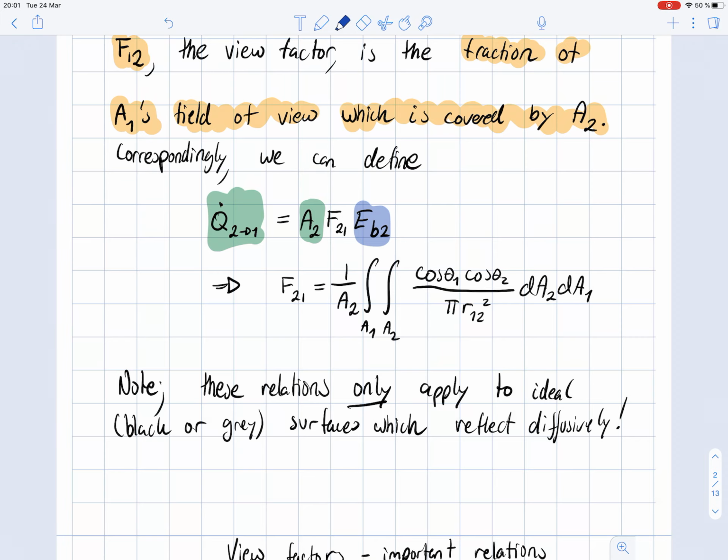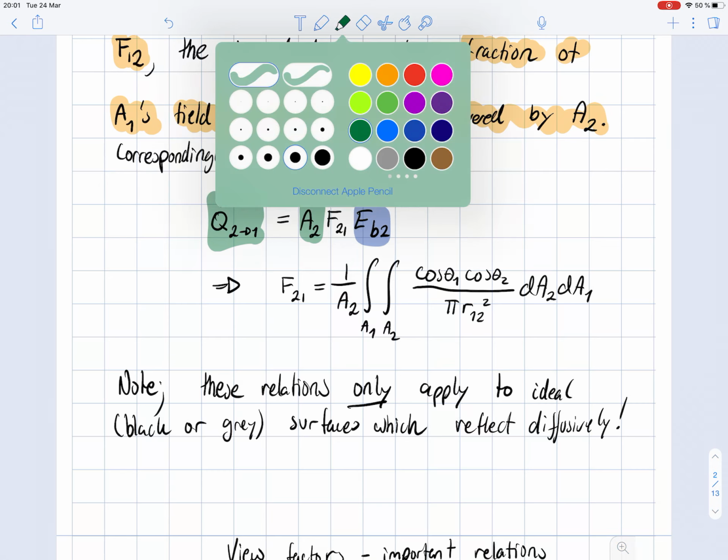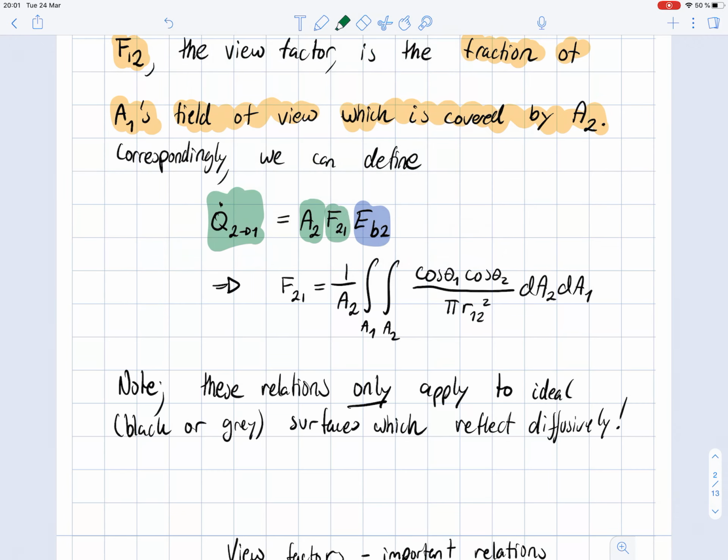And then we have F21 for the view factor. F21 is defined in the same way. It's then 1 over area 2, because 2 is the first index. And then we have the same integral here, except that the order has been switched, but that doesn't change the value of the integral.